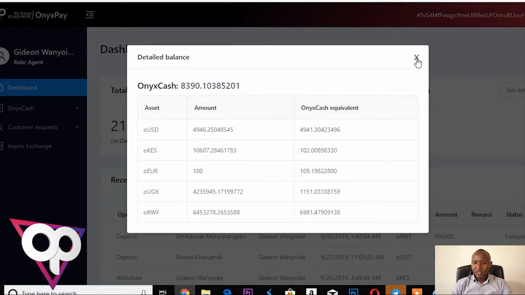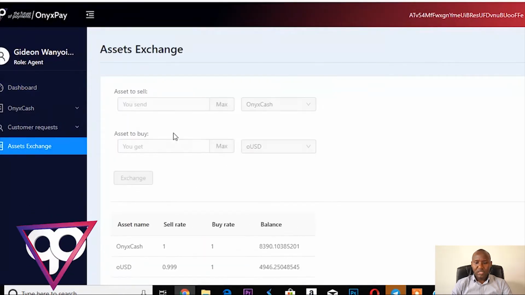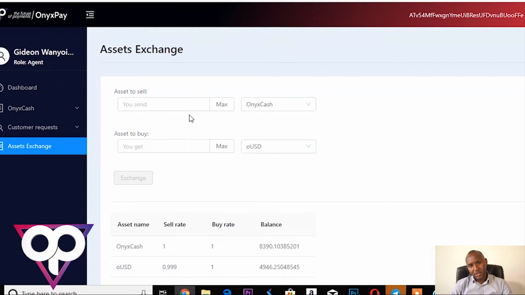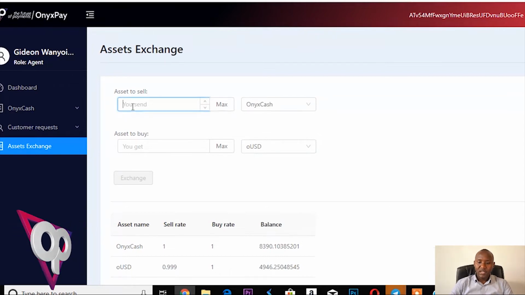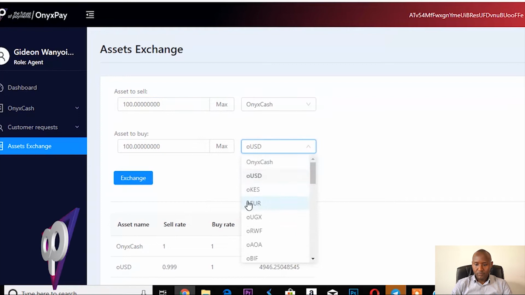Okay, so now what can we do? We can actually come here and exchange Onyx cash to an asset, or an asset to Onyx cash, or an asset to another asset. So for example, I can come here and maybe do 100, but in this case I want Onyx euro.